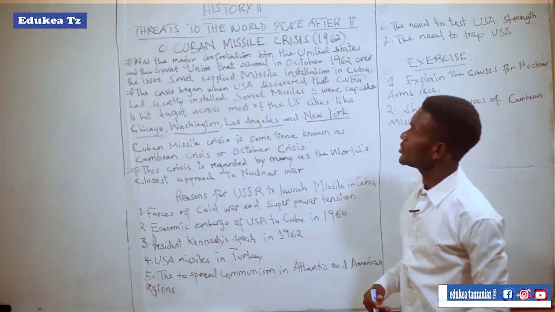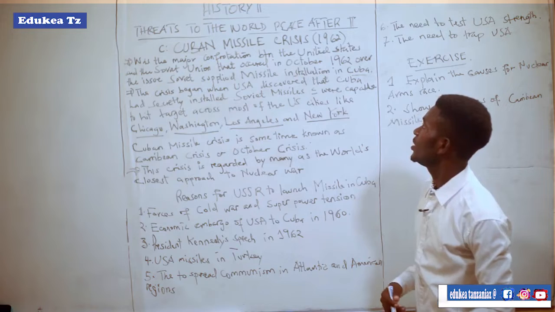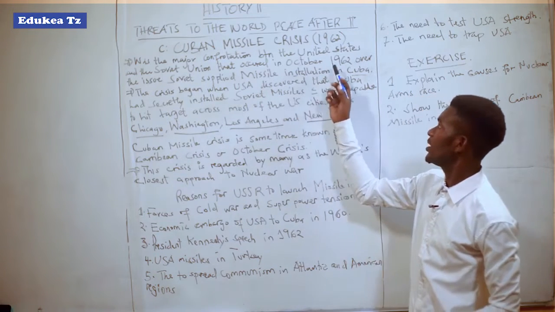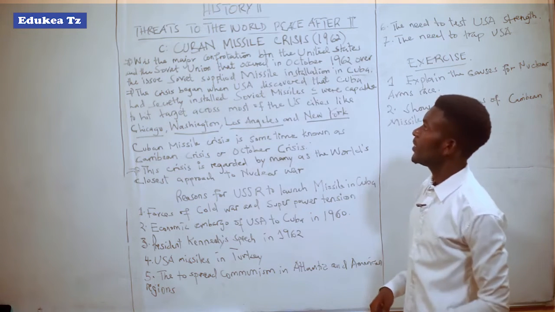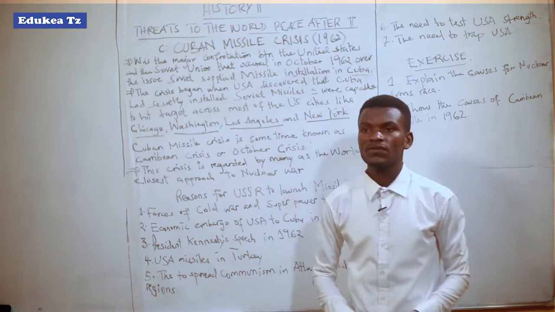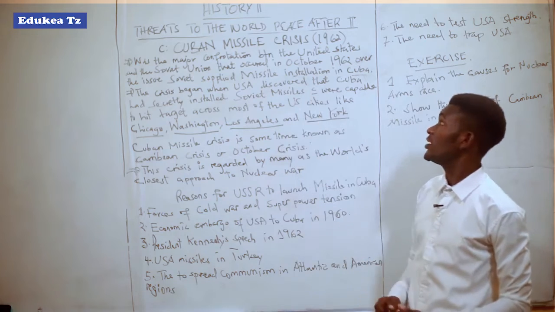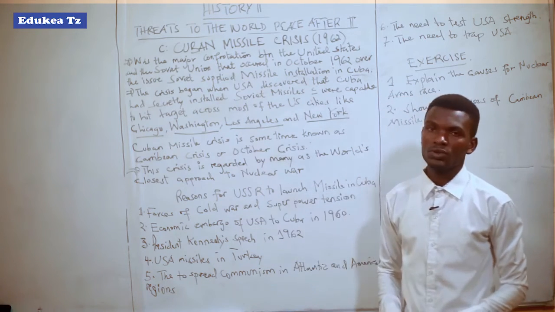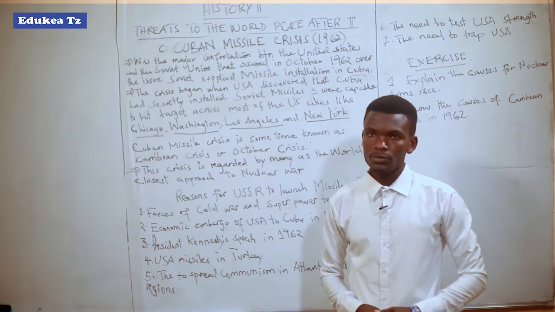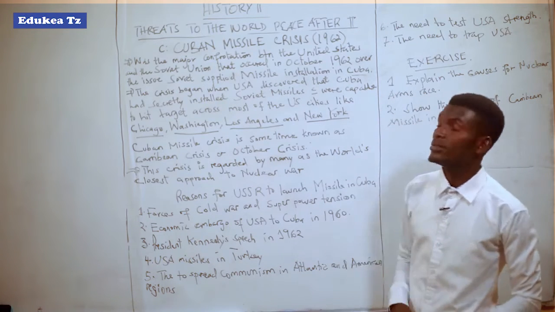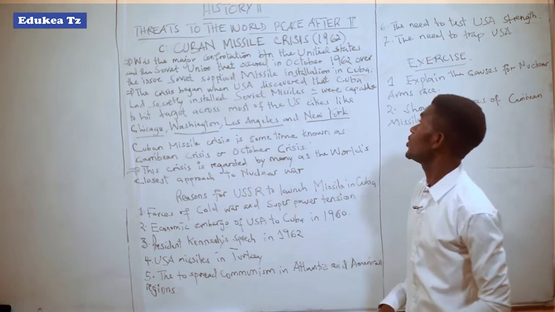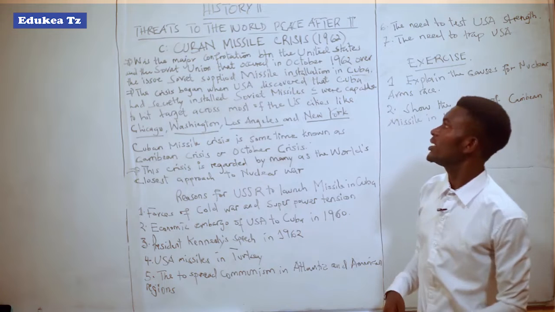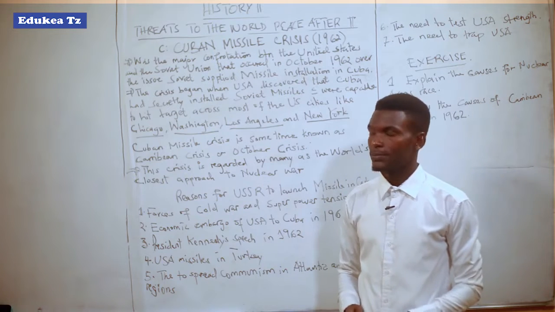The Cuban Missile Crisis was the major confrontation between the United States and the Soviet Union that occurred in October 1962 over the issue of Soviet supplied missile installation in Cuba.